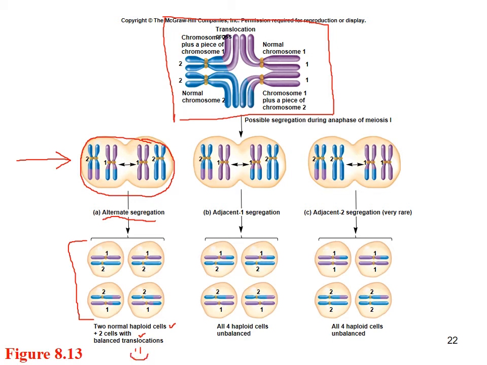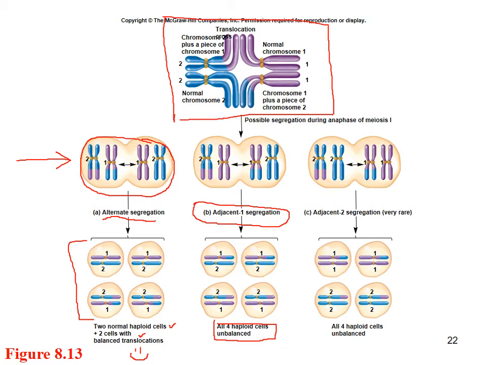Our second way of separating our translocated chromosomes is adjacent segregation. Adjacent 1 segregation is when we get non-homologous chromosomes to segregate. When we do that, unfortunately, we end up with 4 haploid cells that are all unbalanced.